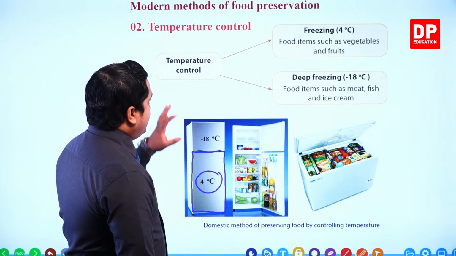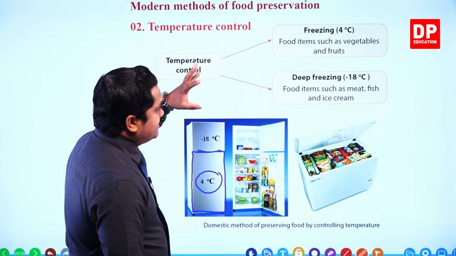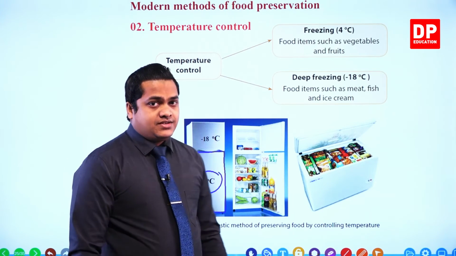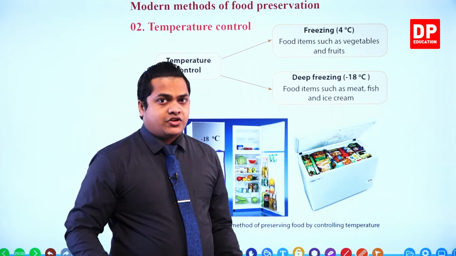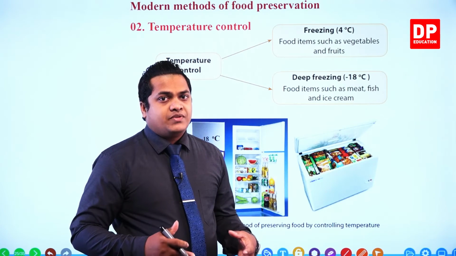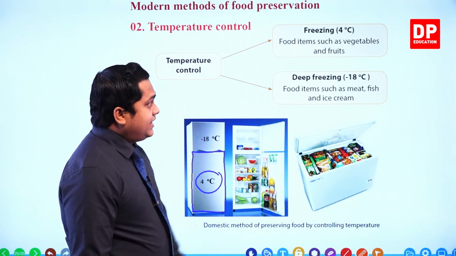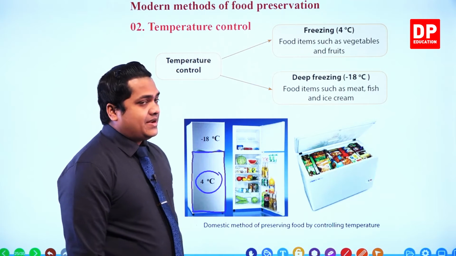Then the deep freezing. Food items such as vegetables and fruits can be saved by freezing, and drinks as well. Fresh juices can also be saved up to a certain extent. Then in deep freezing, negative 18 is the temperature.